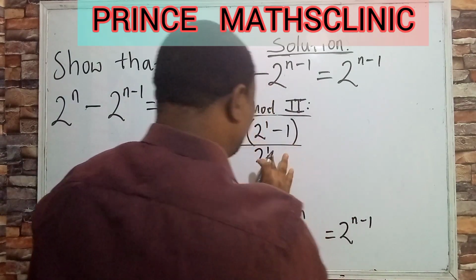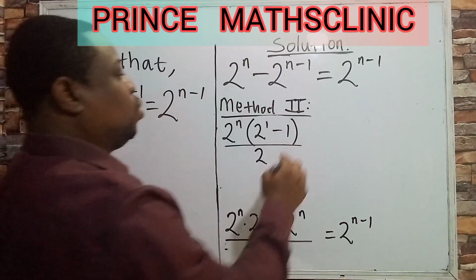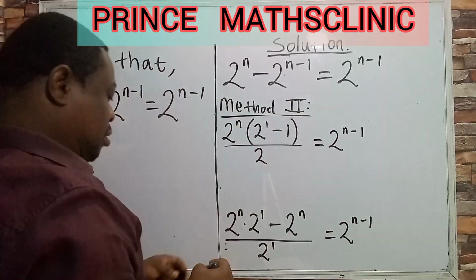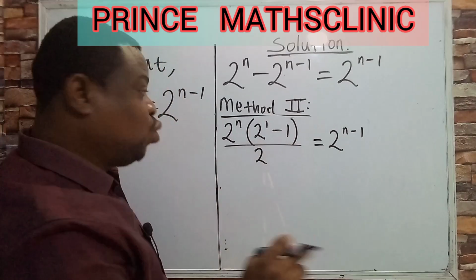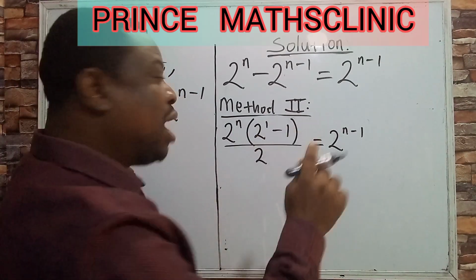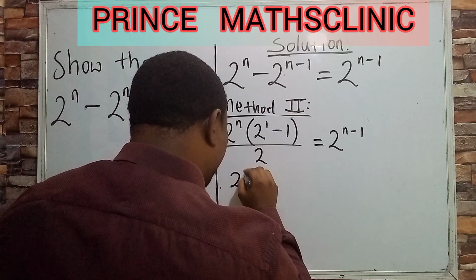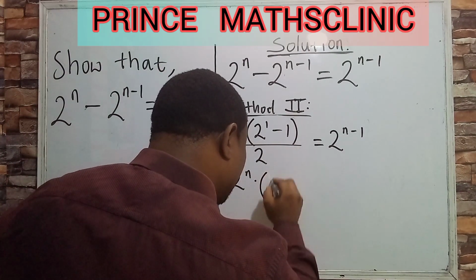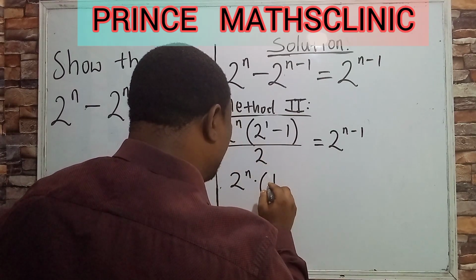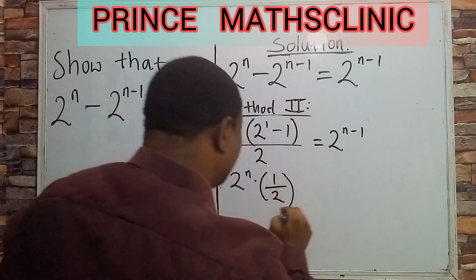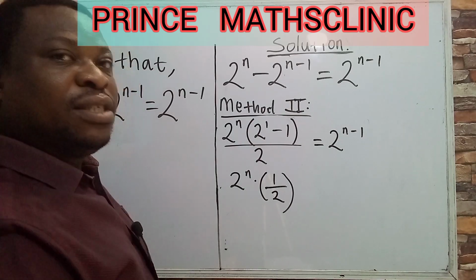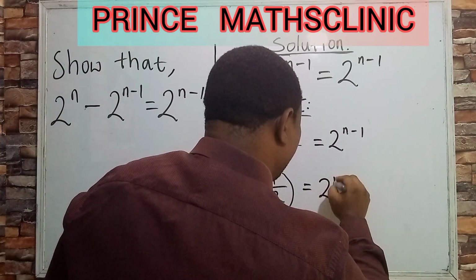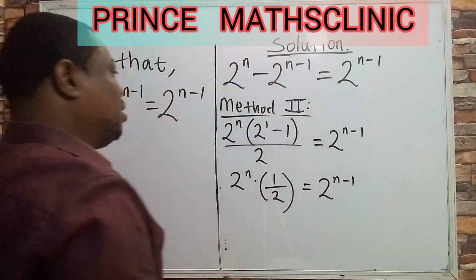Now, 2 to the power of 1 means 2, so 2 minus 1 is 1. So here we have 2 to the power of n times 2 minus 1, which is 1. Then remember, you have an over 2 here, equal to 2 to the power of n minus 1.